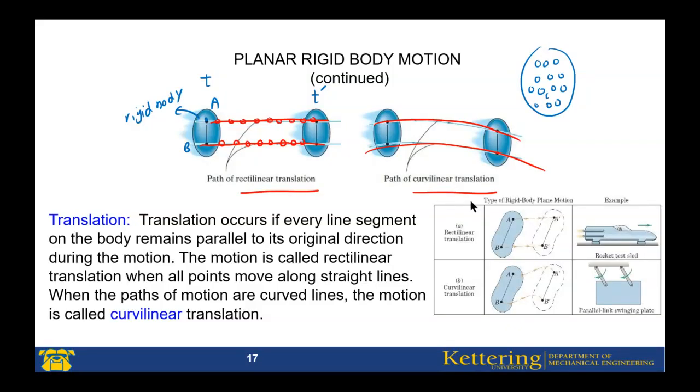It's called curvilinear if all particles move along a curved line. In one sentence, here, these are moving along a straight path. These are moving along a curved path.